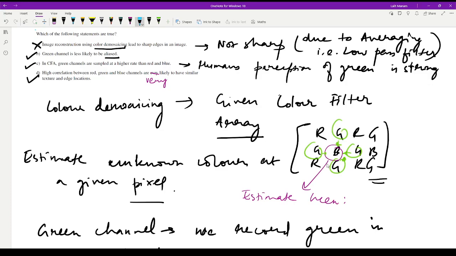Whenever light of this frequency comes, the corresponding sensor will light up and generate the image. But having a general sensor which captures the whole light may not be optimal, because the frequency response may not be uniform over the whole visible spectrum.